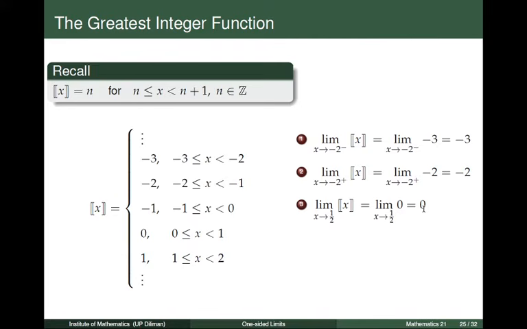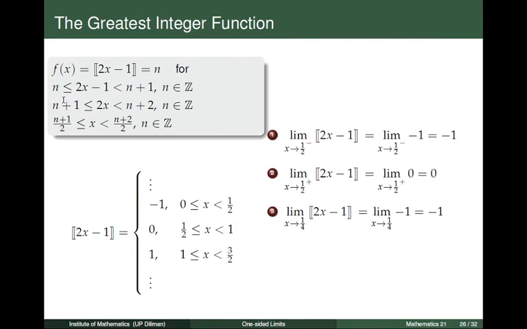Now, for the next example, we will modify the expression inside the greatest integer sign. Right? So let us consider the function f of x, which is equal to the greatest integer of 2x minus 1. Now let us suppose that the greatest integer of 2x minus 1 is equal to n, where n is an integer.